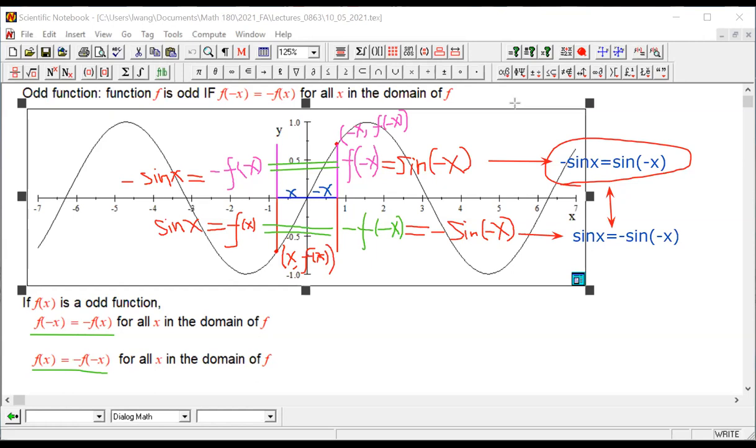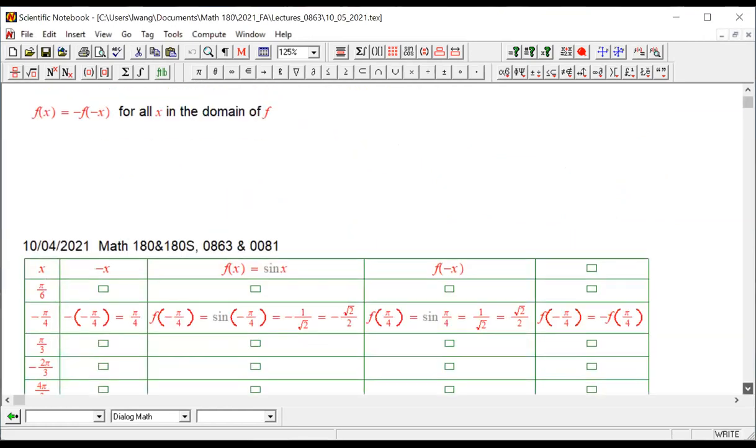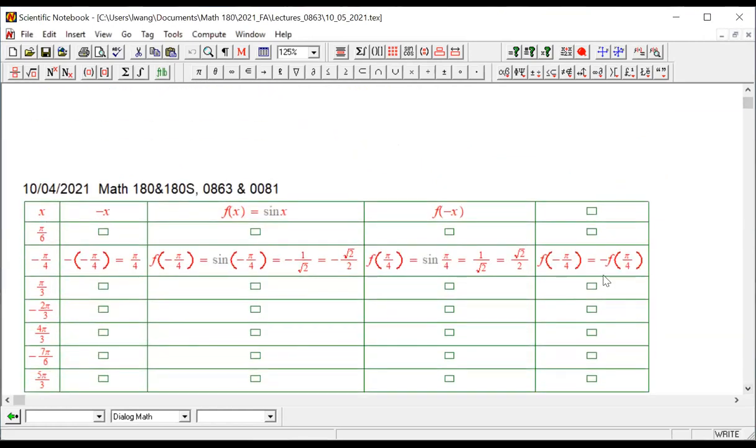Okay, so far so good. I'm going to clean up. What we did yesterday, we did that, didn't we? Did you guys complete the table? Well, this is your homework, so I'm not going to do all of it. What does that mean?